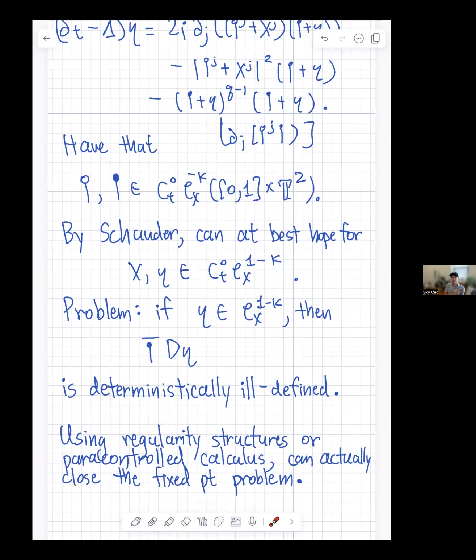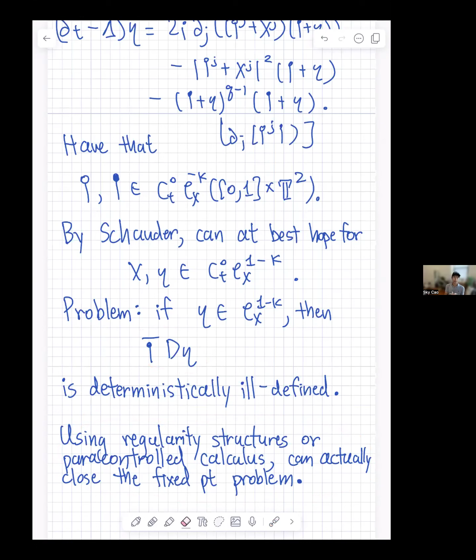If you can't close your fixed point problem when you expect you should be able to, that just means you're not assuming enough about your solution. You need to have a more detailed ansatz for what your solution looks like. And basically, this problem of multiplying two distributions is a problem at the smallest spatial scale.